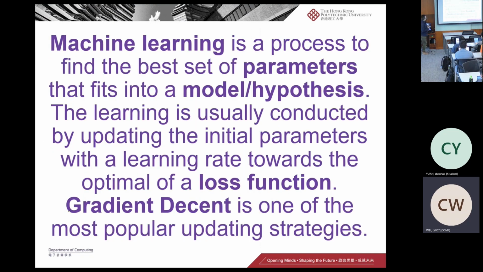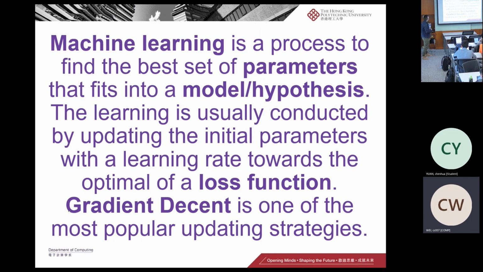Okay, let's put stuff together. You can see here machine learning is actually a process to find the best set of parameters, which will fit into a model or hypothesis. There we have our lines here. So we have a line as a model. We assume we're going to separate samples with a straight line.